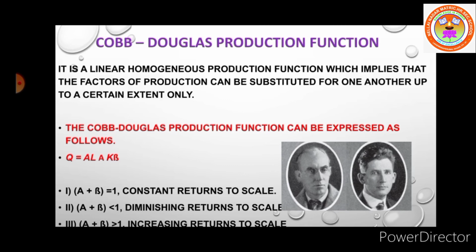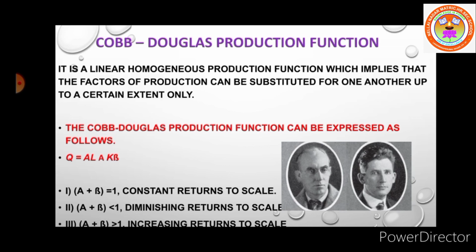The sum of alpha and beta shows the returns to scale: constant returns to scale, diminishing returns to scale and increasing returns to scale. Suppose doubling the usage of capital and labor also doubles output, that is constant returns to scale. Diminishing returns to scale means that a percentage increase in capital and labor will produce a smaller percentage increase in output.